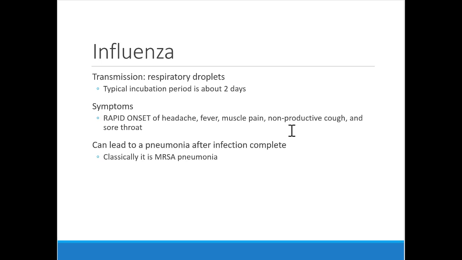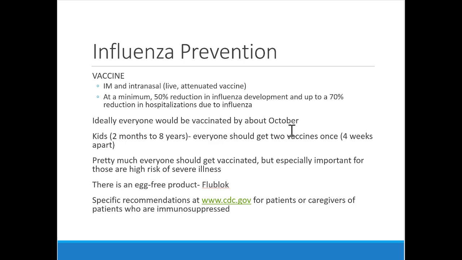And those can be really devastating. That's where you see young healthy people dying from influenza, where we'll see them in our ICUs because they have a really nasty pneumonia that came from an original influenza infection. So it's a co-infection that you're seeing cause the morbidity and mortality associated with this.